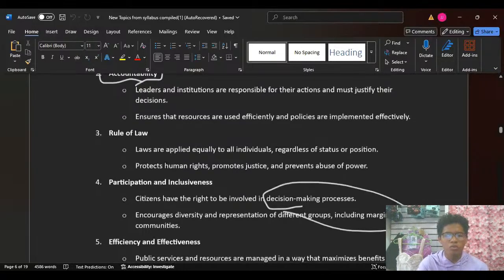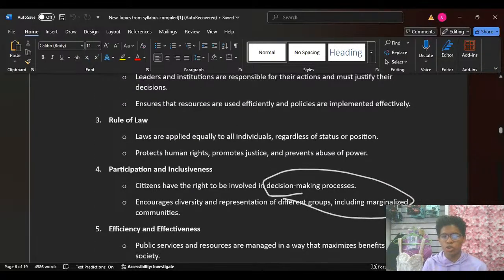And rule of law. There is something called constitutional law, which are laws that were written even before the current governance existed. So the current government must adhere to the constitutional law, regardless of how they feel. It's basically a law above laws. Laws are applied equally to all individuals, regardless of status or position, protect human rights, promote justice, and prevent abuse of power.